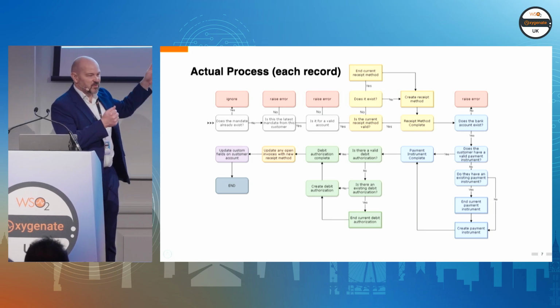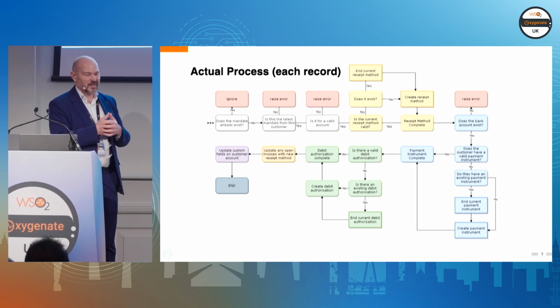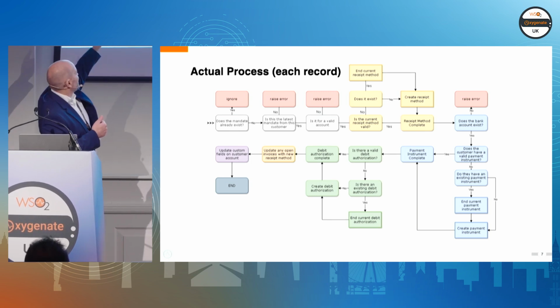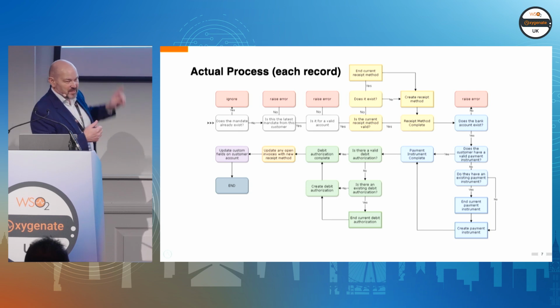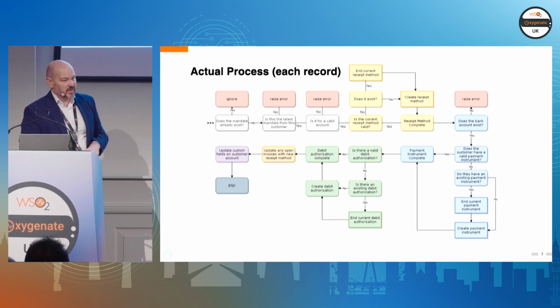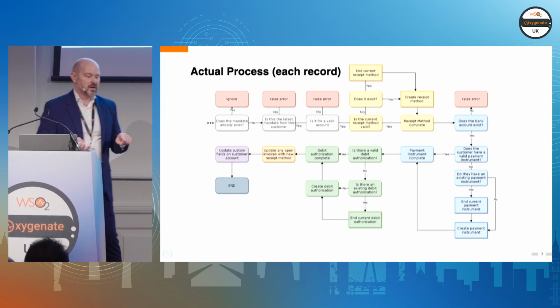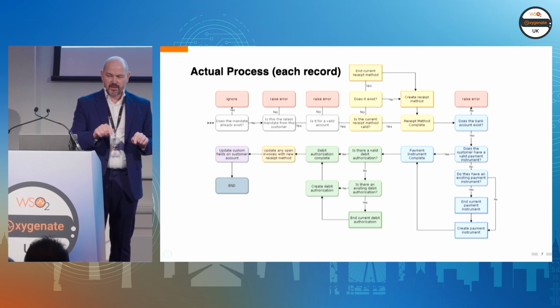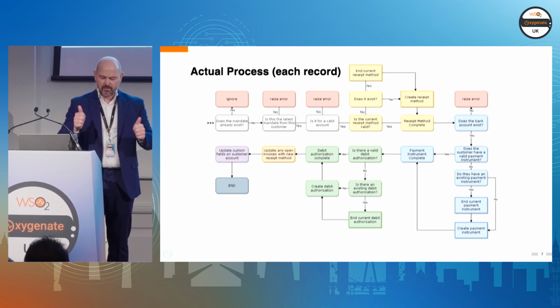But when this started to evolve, we started getting more and more nervous. And one of the very first things that we've got there is, does the mandate already exist? Now, what we were finding in the data that was coming across was, a customer would come in, they'd enter their details, and they'd submit it and go, yep, that's all fine.